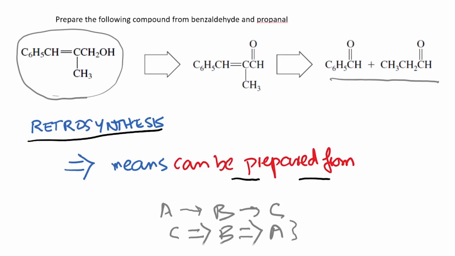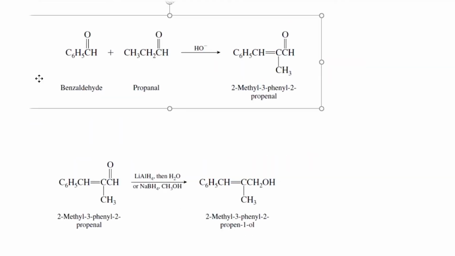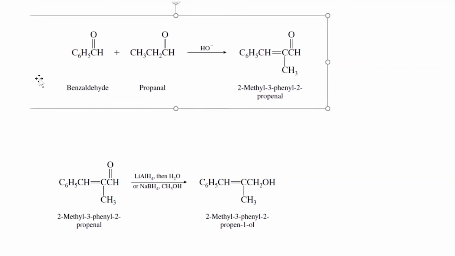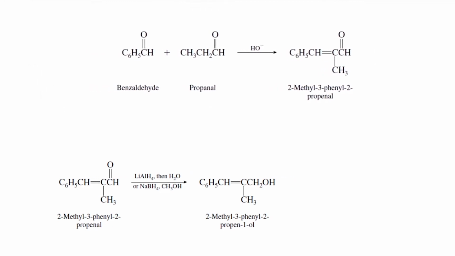Now if I look at it, this is the aldehyde and this is the alcohol. So we can suggest that the alcohol can be produced from the aldehyde by a reduction reaction. Since the retrosynthesis is fairly straightforward, let's now move to the actual synthesis of the compound. So when we add benzaldehyde and propanol, this doesn't have an enolizable hydrogen.